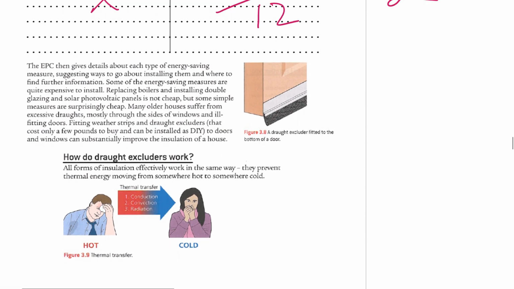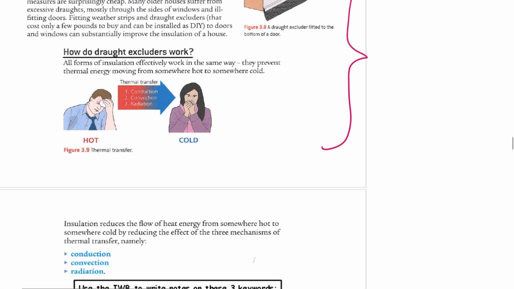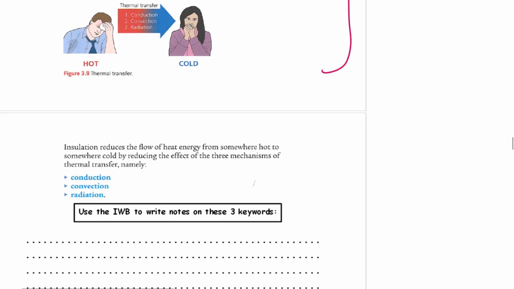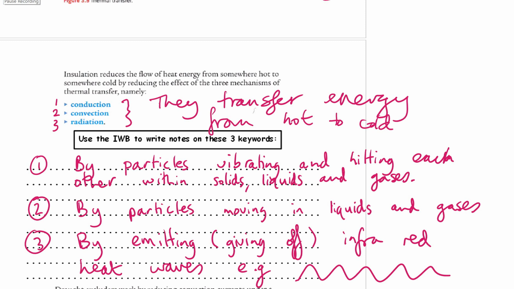Have a read through this, highlighting what makes sense. Okay, insulation reduces the flow of heat energy from somewhere hot to somewhere cold by reducing the effect of the 3 ways that heat can be moved.